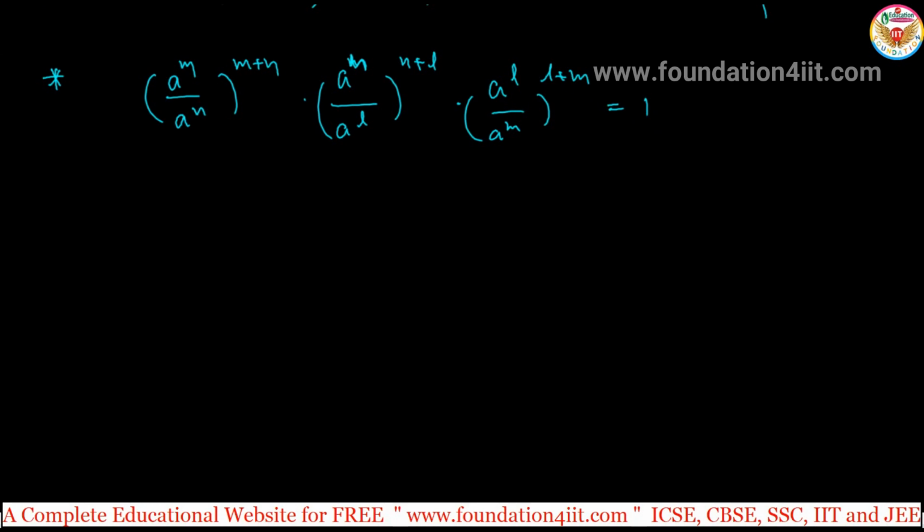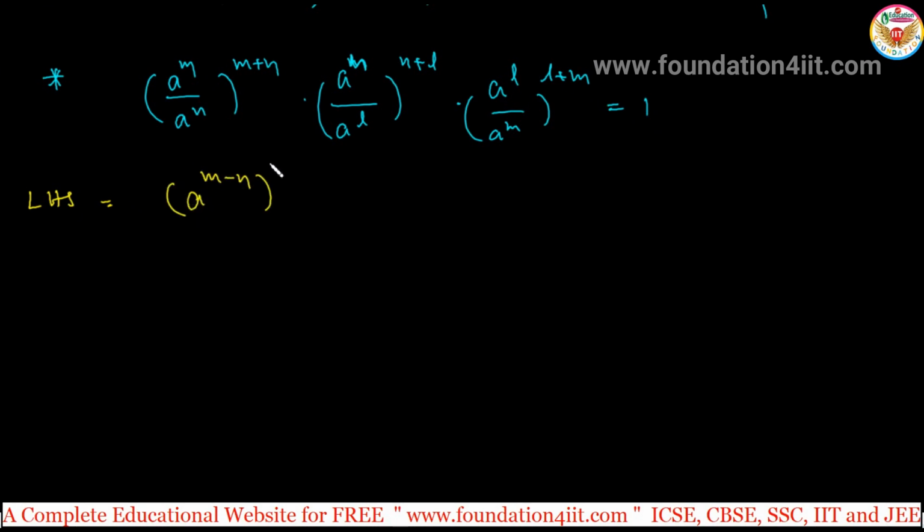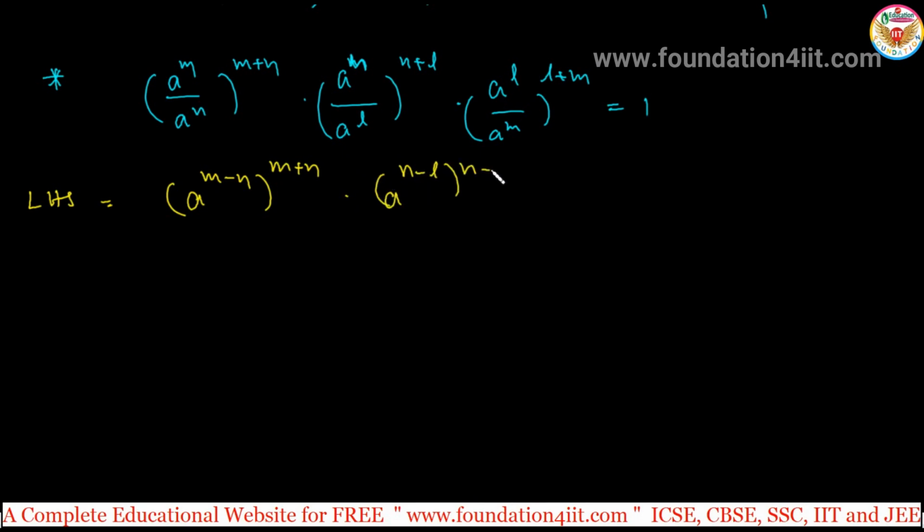So in this case take LHS first: a^m by a^n. Use the formula (a^(m-n))^(m+n), again multiplied by (a^(n-l))^(n+l) and (a^(l-m))^(l+m).